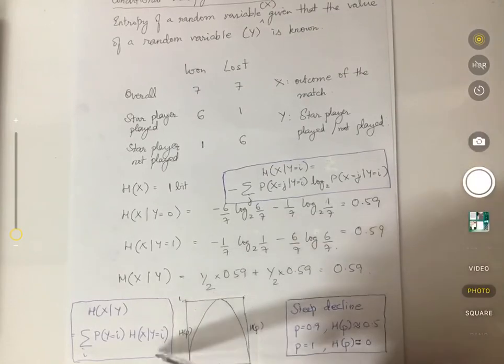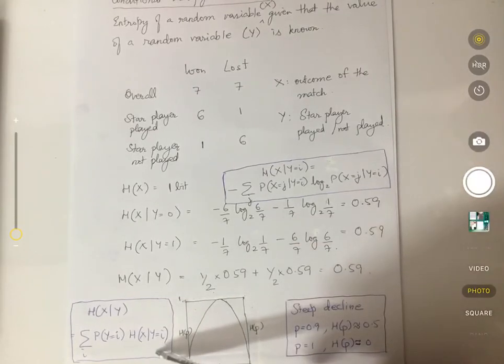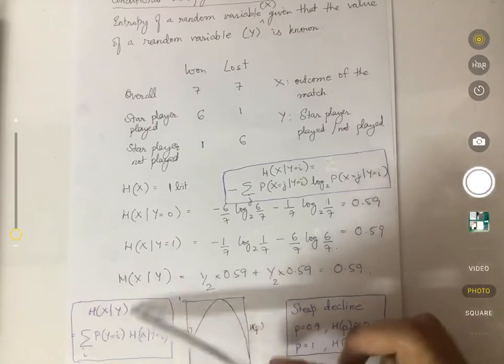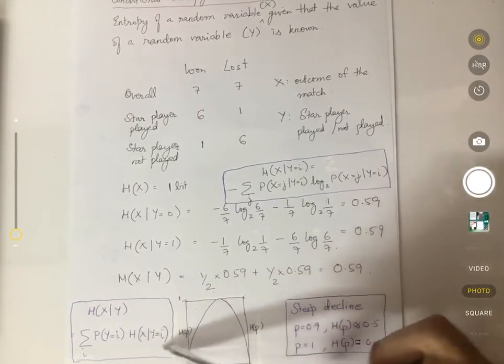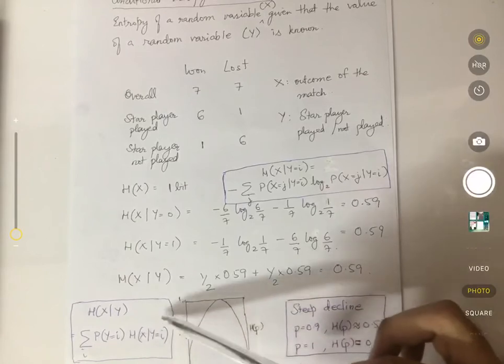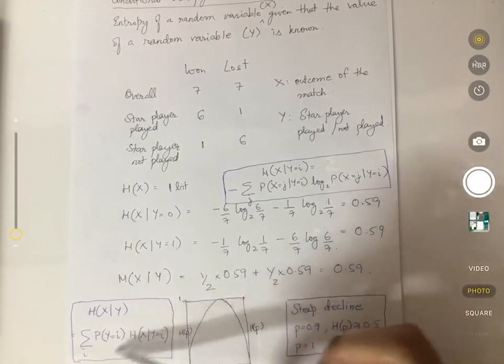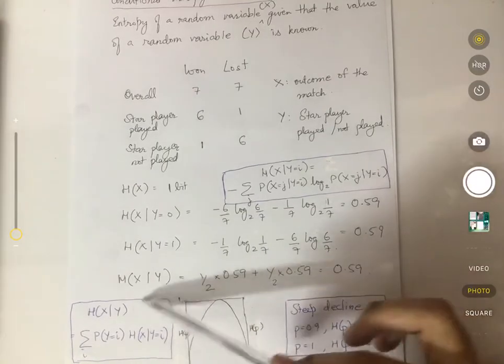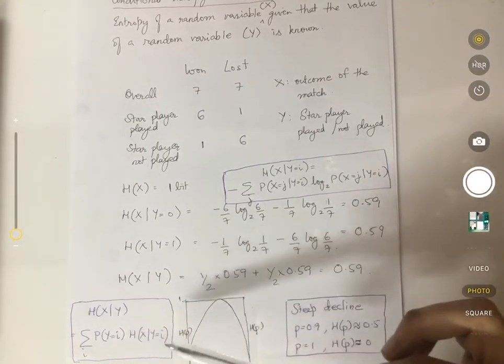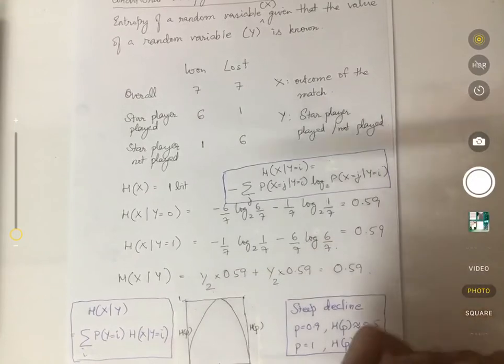And then if you want to find out the overall H of X given Y, the conditional entropy, that's just the average value of all H of X given Y equals i. So obviously you would need to multiply by the probability of Y equal to i. So it's the expected value of all H of X given Y equals i.